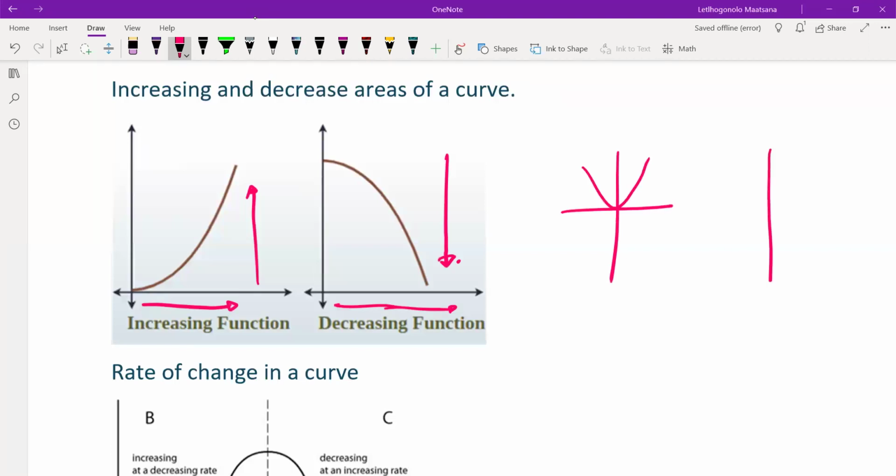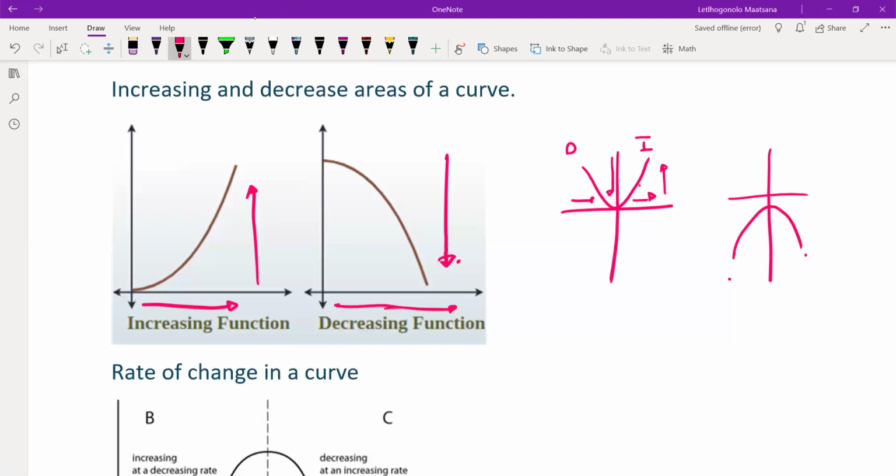You will notice with our curve, we have a sad face curve and a smiley face curve. For our smiley face curve, this side here is decreasing because as the x values increase, the y values decrease. Whereas this side is increasing because as the x values increase, the y values also increase.